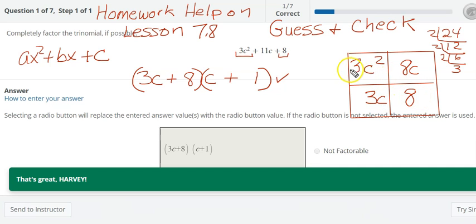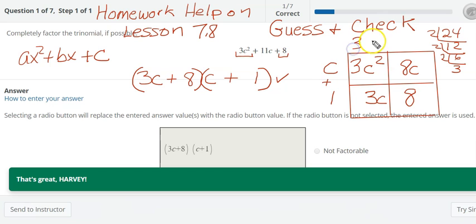Now, what can we factor out of this column horizontally? The only thing we can factor out is a C. What can we factor out of this column horizontally? The only thing we can factor is a 1. And this would be, in a sense, a plus between them. Now, what can we factor out of this column vertically?